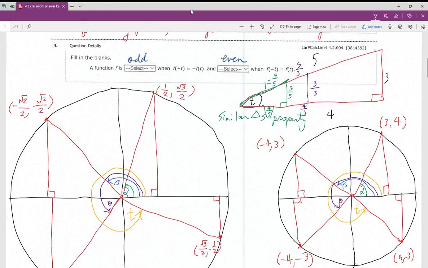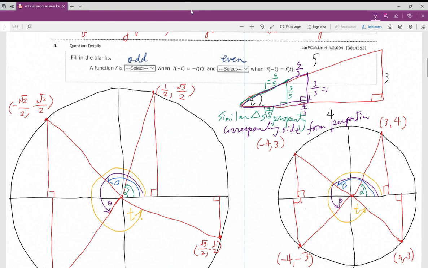So this length becomes 4 over 3, and this length becomes 1. When you have 5 divided by 3, then every single corresponding side forms proportion. The corresponding sides form proportion.